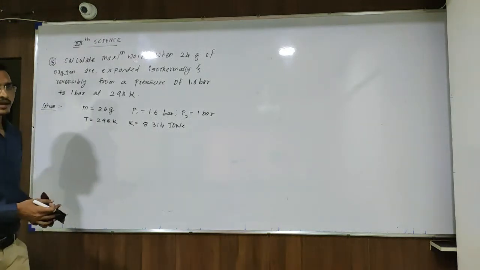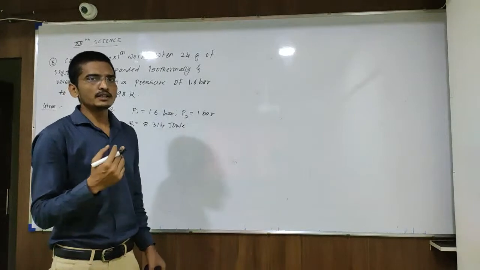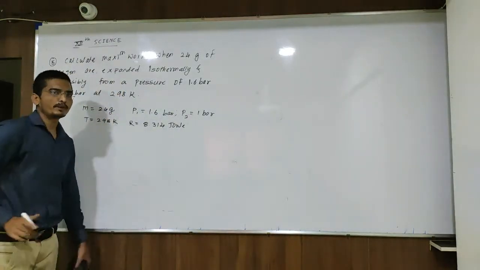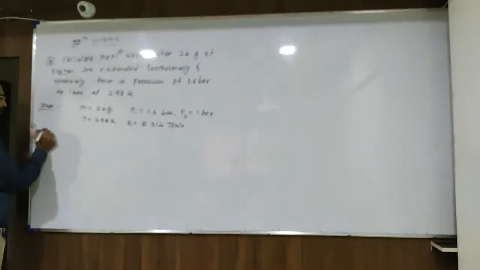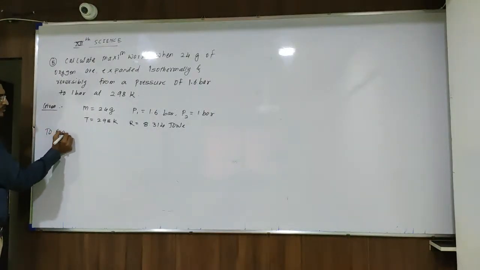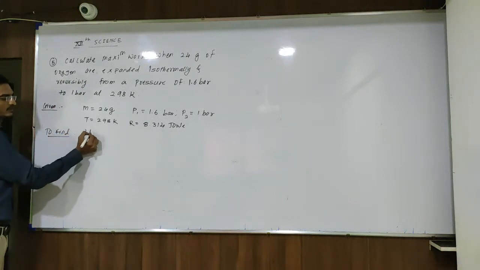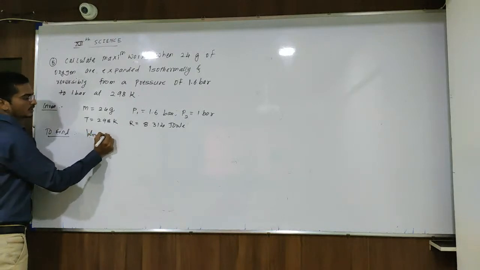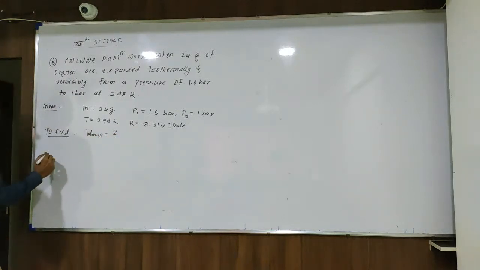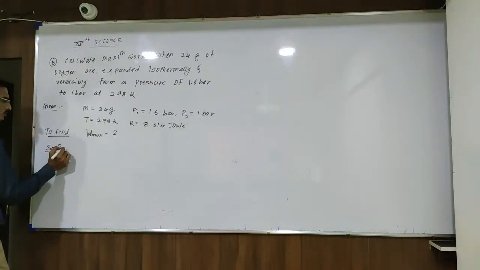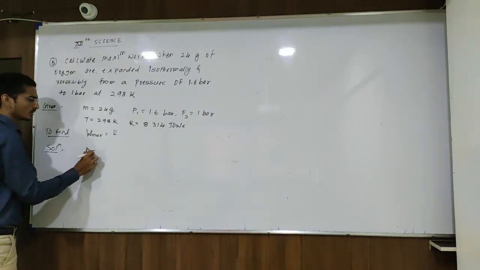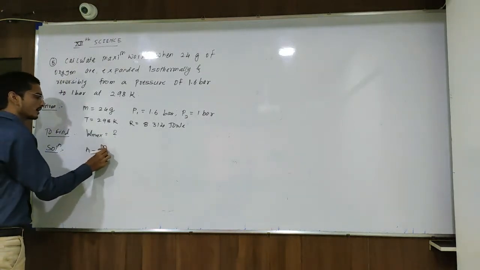W max is equal to minus 2.303 nRT log to the base 10 P1 upon P2, because the pressure is given. So to find W max, the maximum work during the expansion, W max is equal to question mark. Let us go through the solution: first of all, find the number of moles n. What is the given weight here?